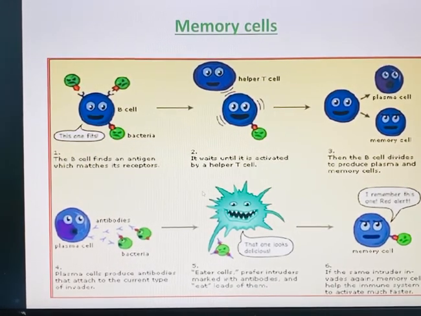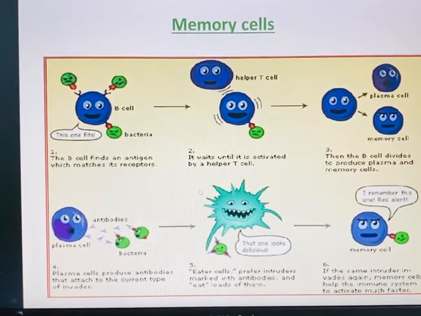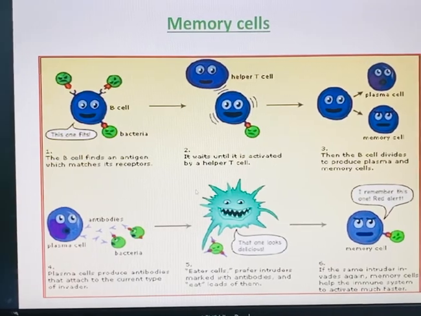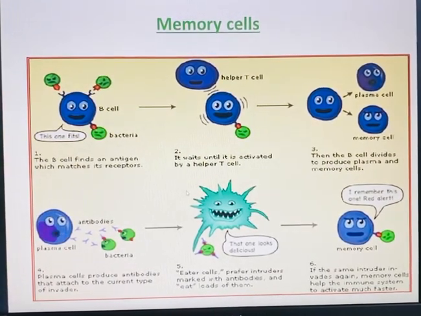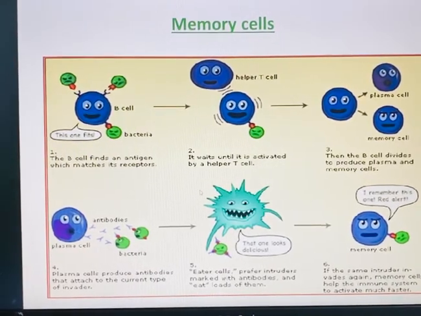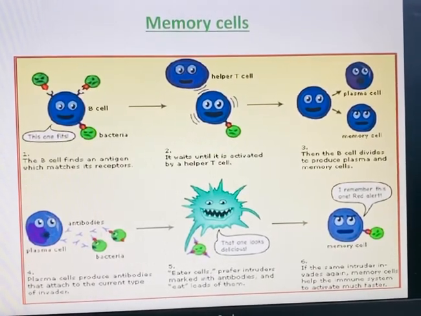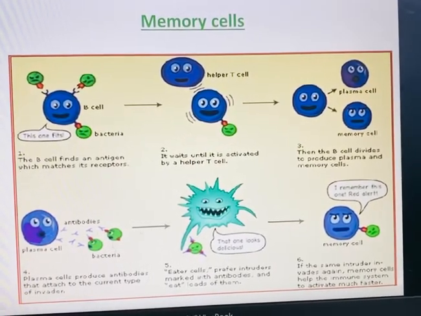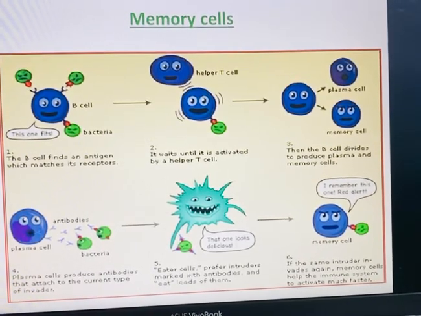When you suffer from pox for the first time, antibodies are produced in your body. These antibodies prevent the invasion of the pox virus lifelong. You see, this plasma cell finally creates the antibodies and kills the bacteria.